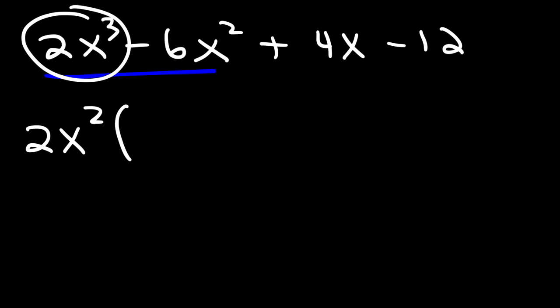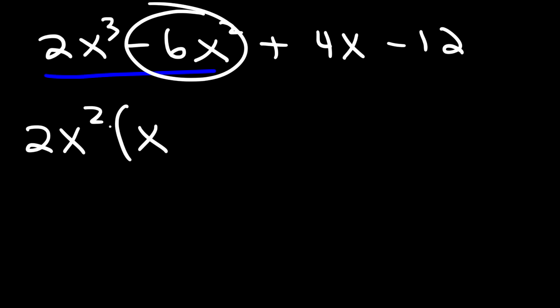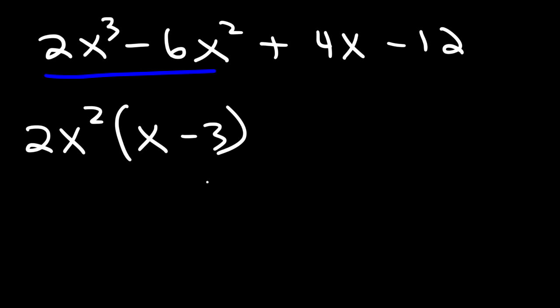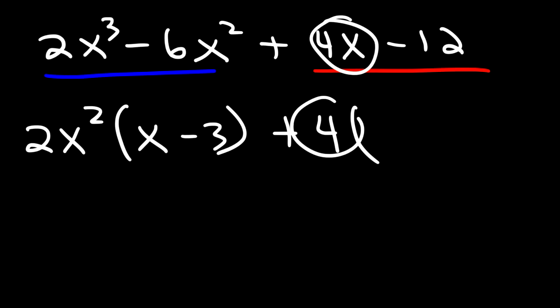Now, 2x to the third divided by 2x squared, that's going to be x. And negative 6x squared divided by 2x squared, that's negative 3. Now, let's take out the greatest common factor in the last two terms, which is going to be 4, because 4 can go into itself and 12. 4x divided by 4 is x.